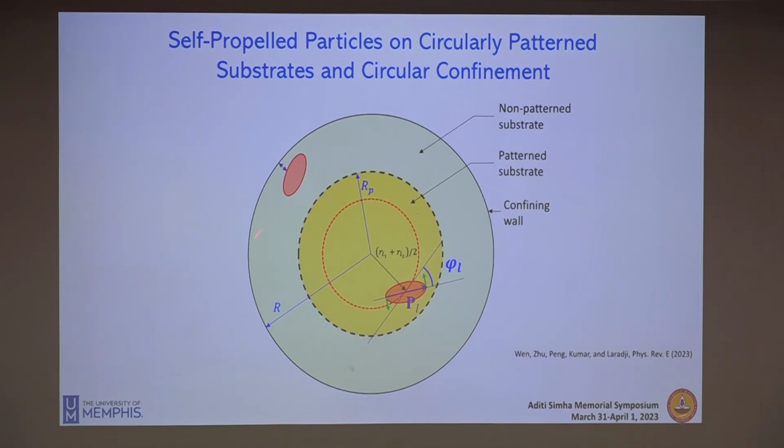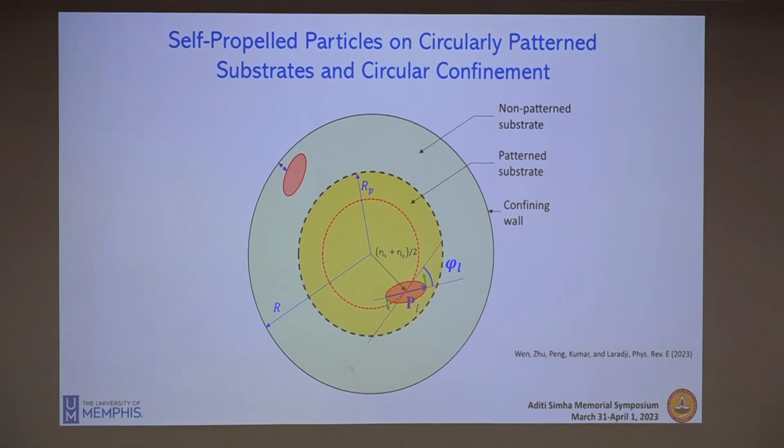And the effect of the substrate is, think of the substrate as made up of concentric grooves, and the particles just tend to be guided by the grooves. So what the substrate does is induce a torque on each particle that tends to align the particle tangentially with the grooves.